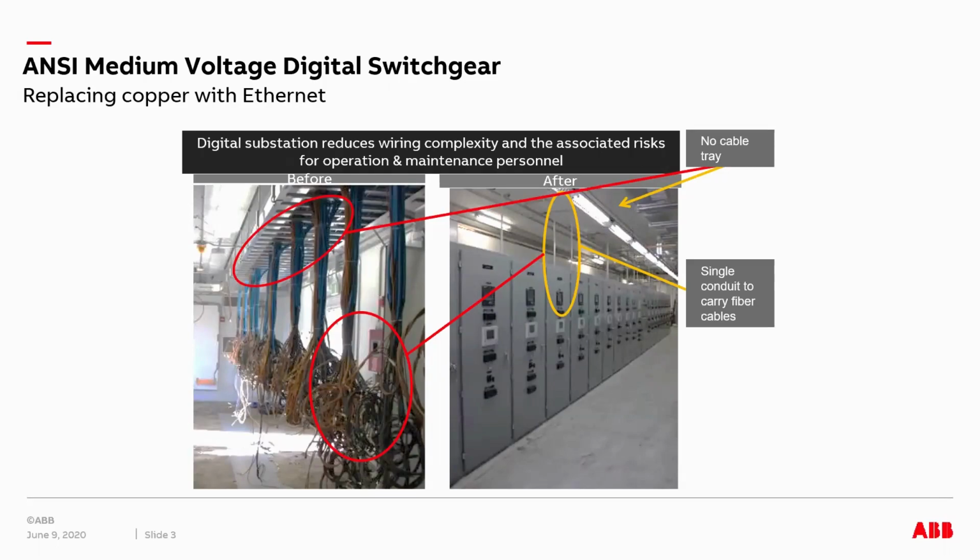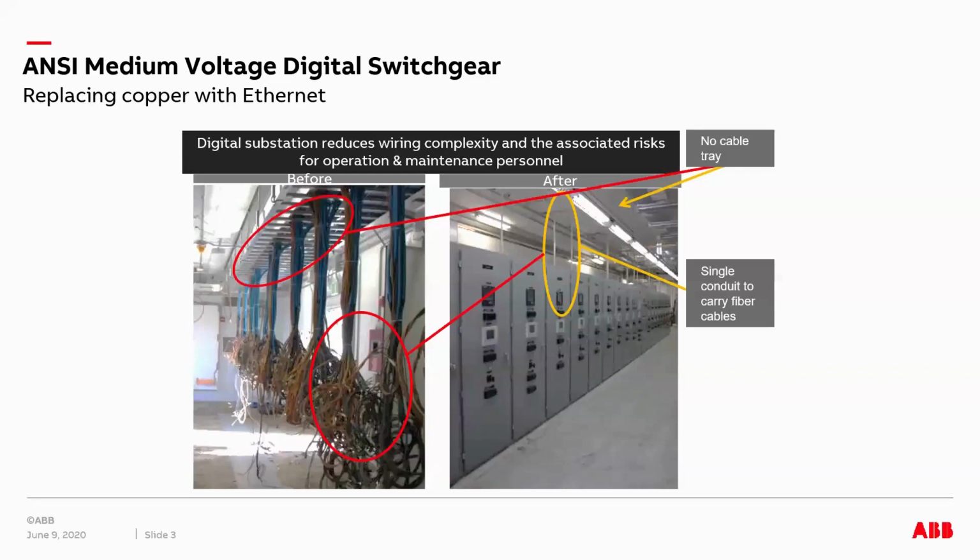One of the main drivers for digitization is to replace or eliminate the usage of copper in the panel. And of course, there are other associated risks with respect to the operation and maintenance of a traditional panel. When you have more wires, you require more maintenance, and it also adds to the risk associated with safety for the people who are operating the gear.